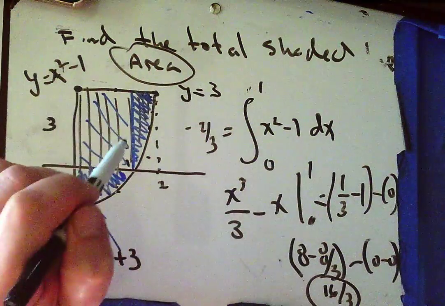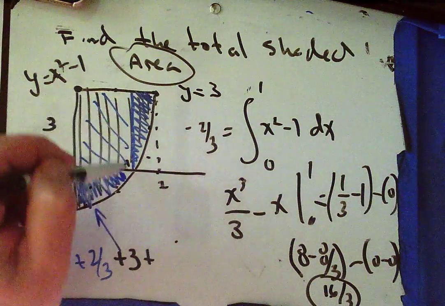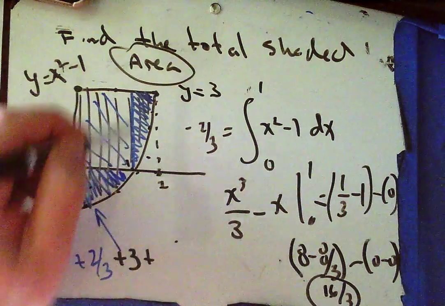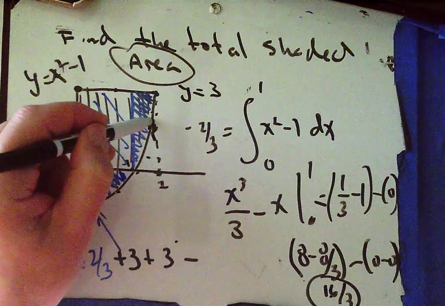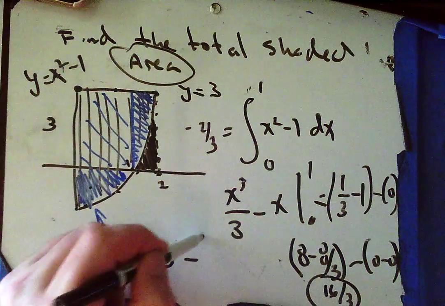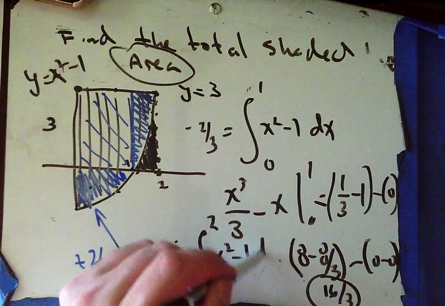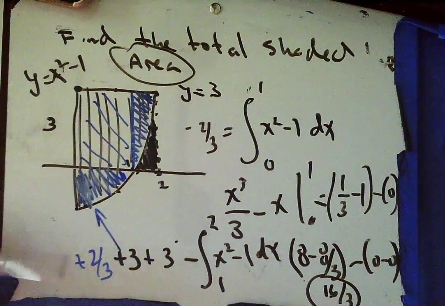To find this region, I would need to do the area of this rectangle, which is a base of 1 and a height of 3, minus this shaded region, which is the integral from 1 to 2 of x squared minus 1 dx. Oh my goodness, really? You're going to do that?